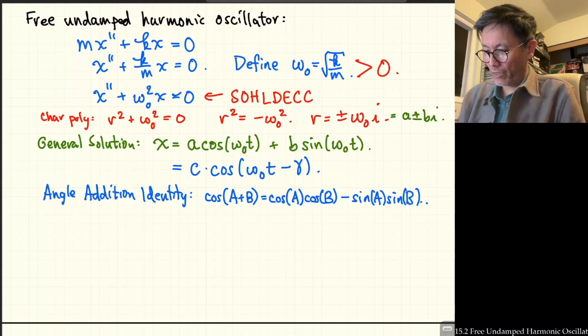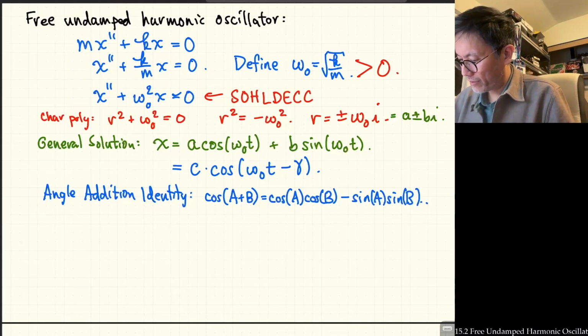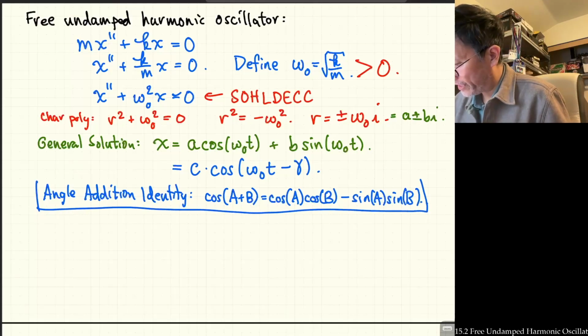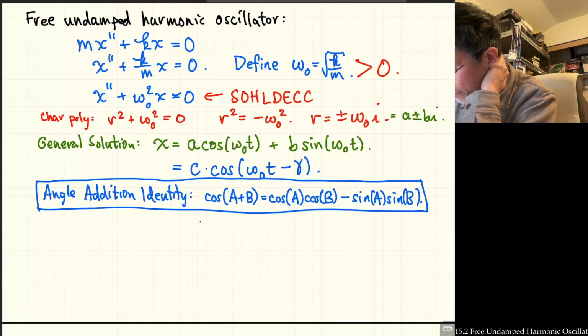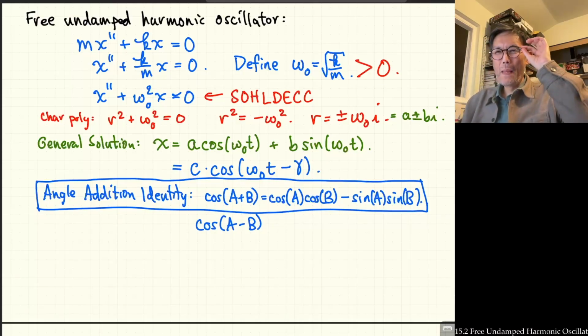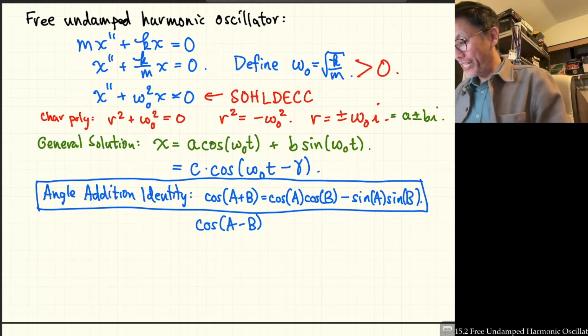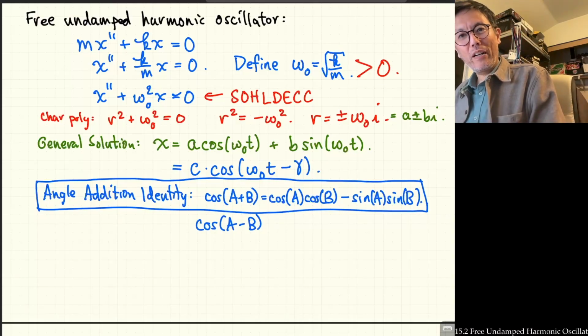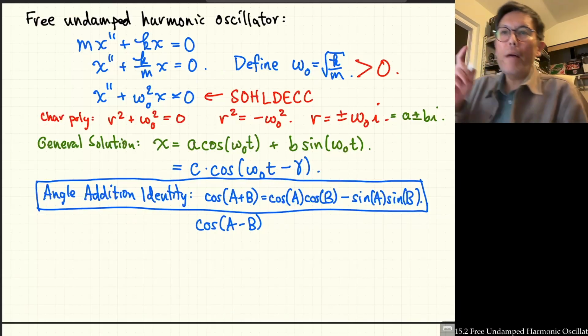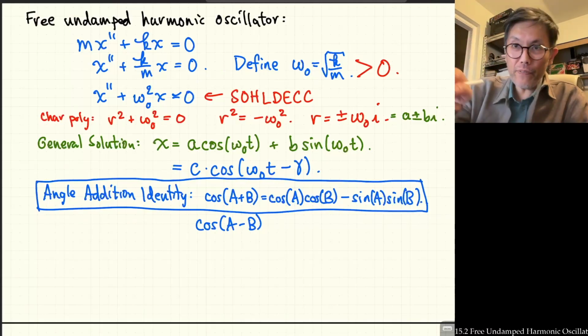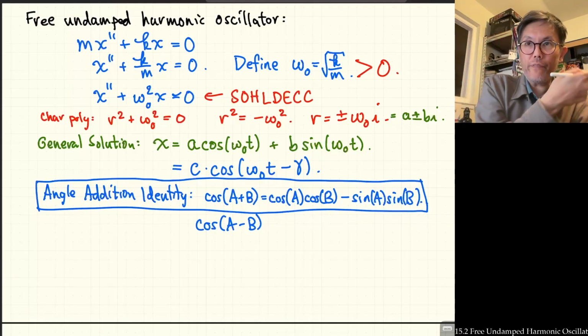But in particular, one consequence of this angle addition identity, which is very useful in life, is a related identity for cosine of A minus B. All I'm going to do to get an identity for cosine of A minus B is replace B by negative B, remembering that cosine is an even function and sine is an odd function.